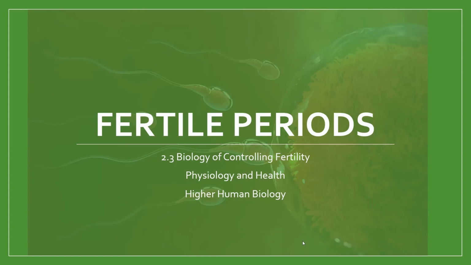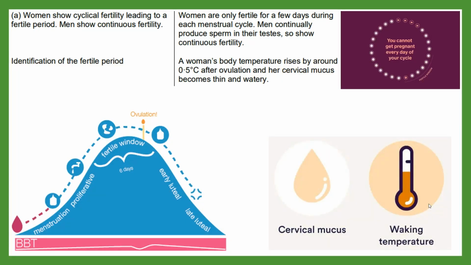Hi everyone, in this video we're moving on to the third key area of physiology and health, all about the biology of controlling fertility by looking at how we identify fertile periods. So firstly, there are two different types of fertility.